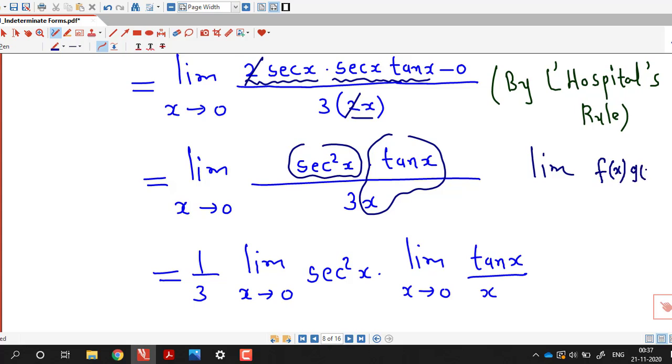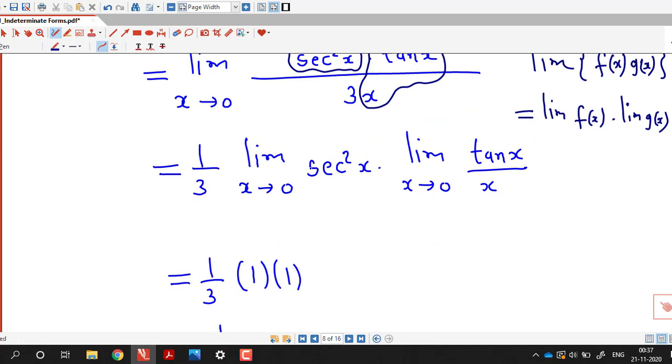We are applying the product rule of limit. Limit of product of two functions is nothing but limit of f(x) into limit of g(x). So here one function we are taking as sec square x and another function is tan x over x. If we put x equal to 0 here, we have sec 0 square, which is 1, and this is a standard limit. We know that limit of tan x by x as x tends to 0 is 1.